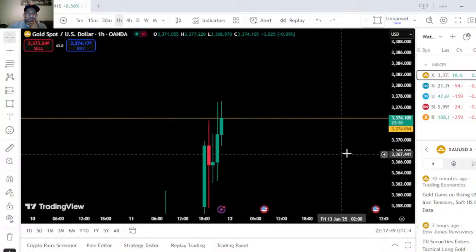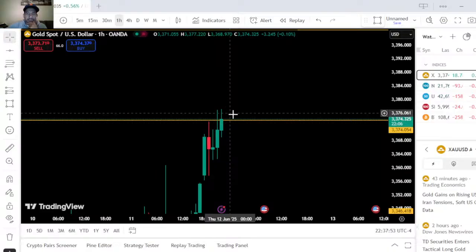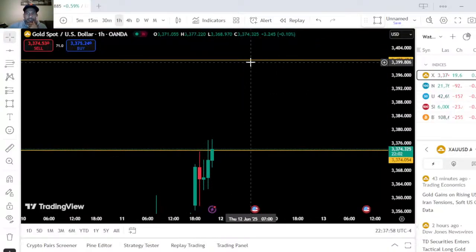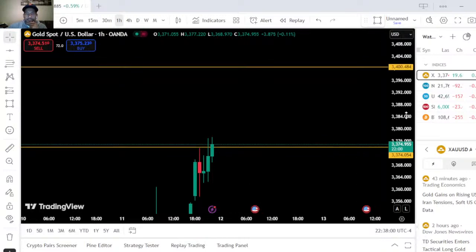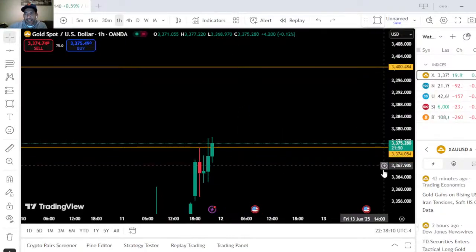If we do get a closure above on the 1 hour, then it's possible this thing might want to keep moving up here. I feel like it could fill that range. It might hit 3,400. So I wouldn't be surprised. But if we get a closure above here, wait for that bottom wick on the next candle, and then take it up to 3,400.